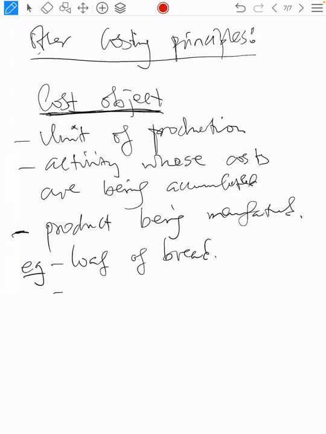For a furniture manufacturer, it could be a desk, it could be a chair. That's a product being manufactured. That's a cost object. So don't be intimidated now if I say a cost object. It just refers to a unit of production.